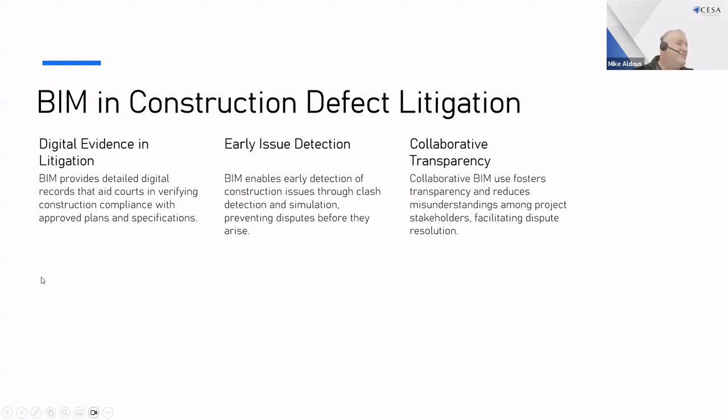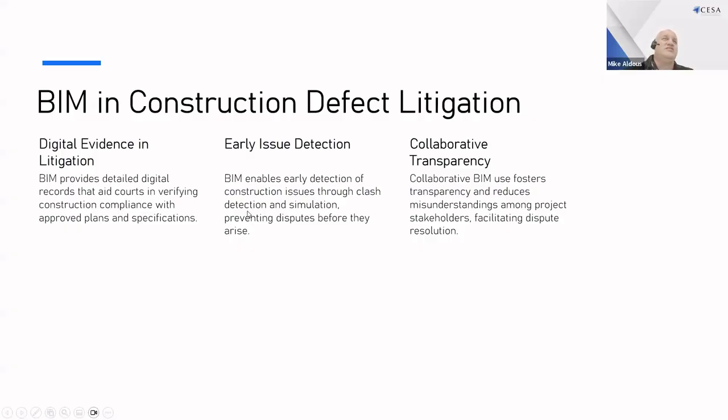So the reality is, if you BIMmed it, there's an audit trail. And what we've seen in a few international cases now is that BIM provides detailed digital records that aid courts in verifying construction compliance with approved plans and specifications. And it also either works for or against you in terms of early detection of construction issues through clash detection simulation, preventing disputes before they arise.